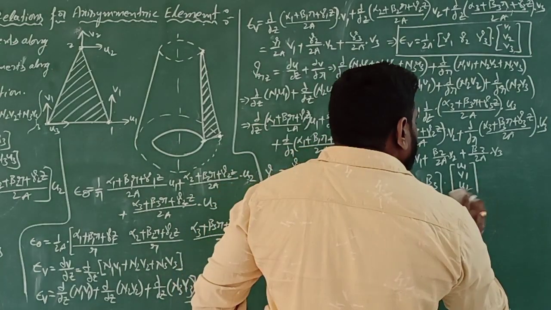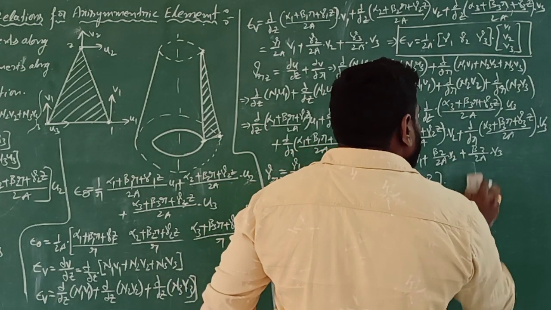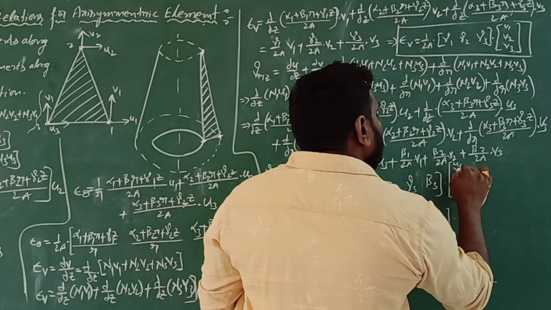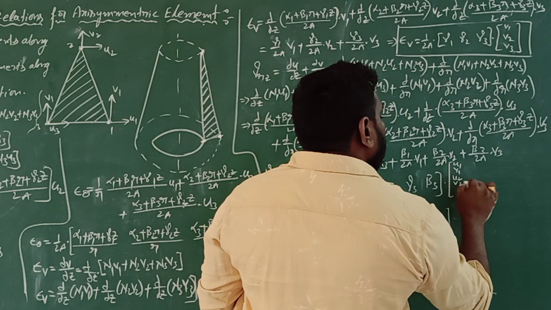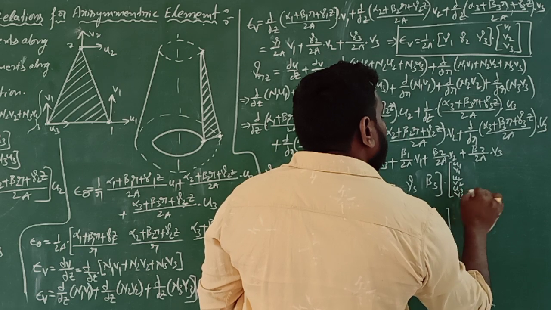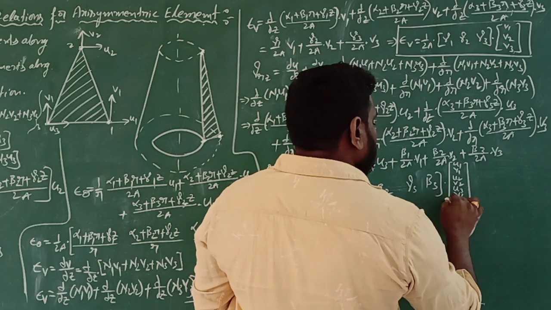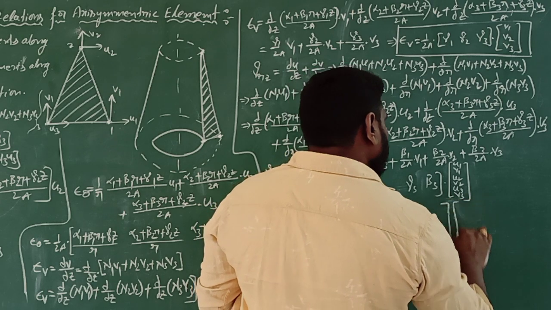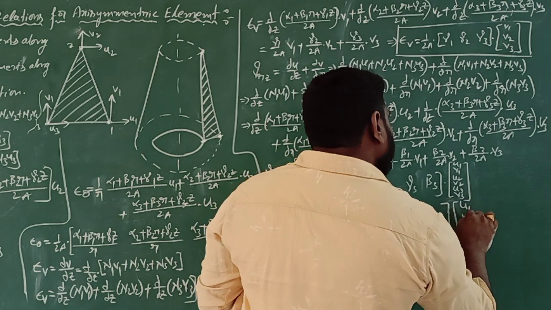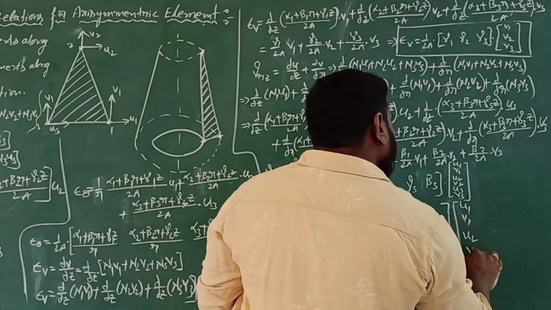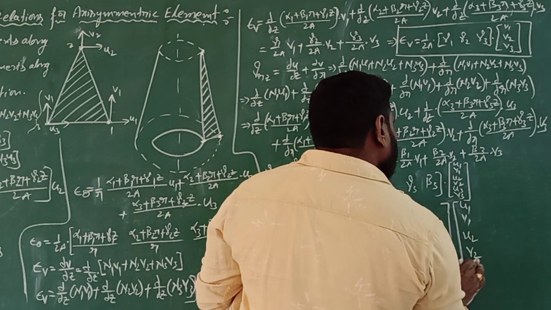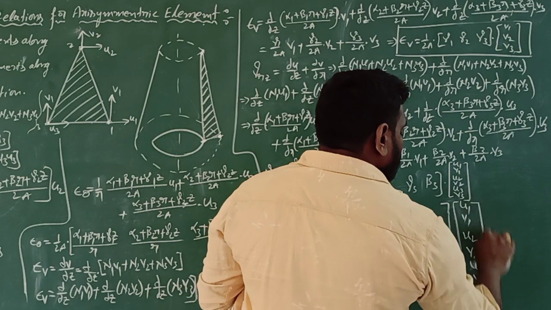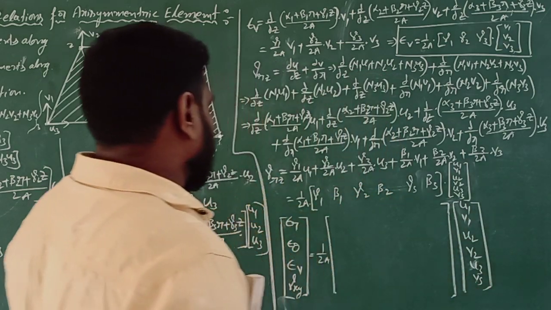So I am compressing this equation: u1, v1, u2, v2, u3, v3.